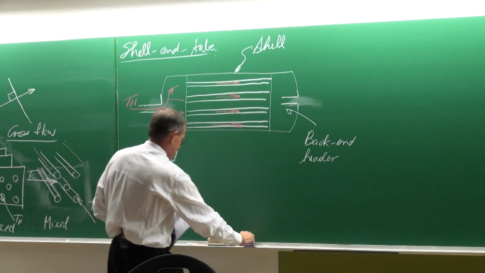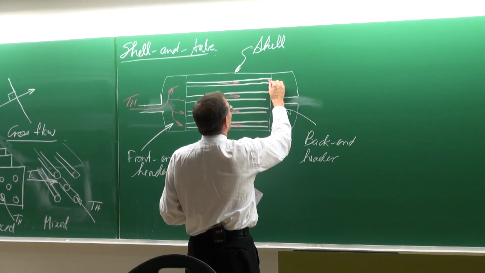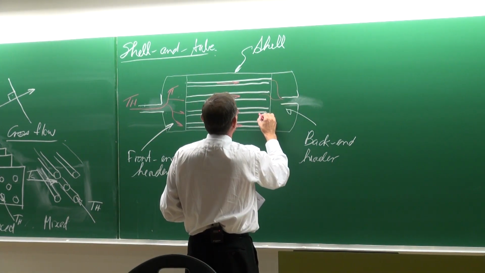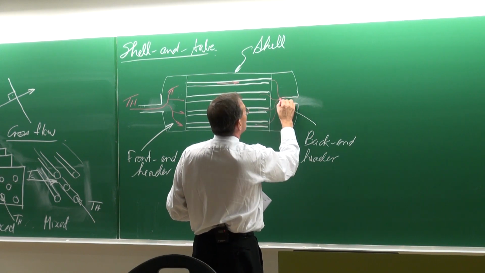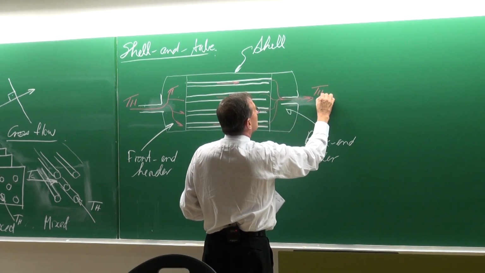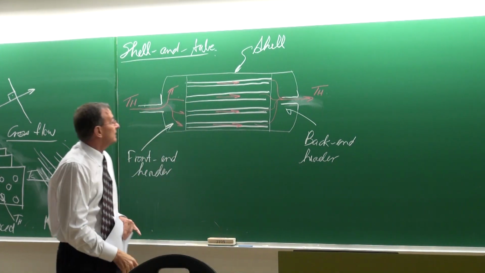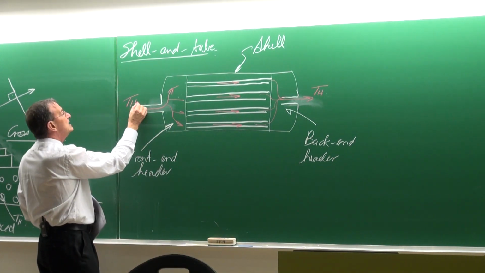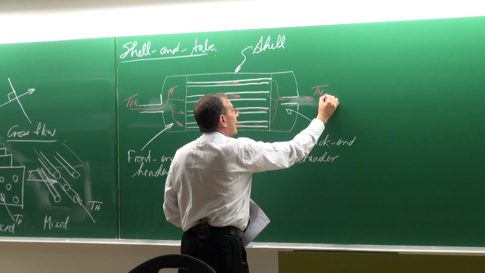Okay? And then it is flowing out again like that. Okay. This is TH inlet, that is TH outlet.